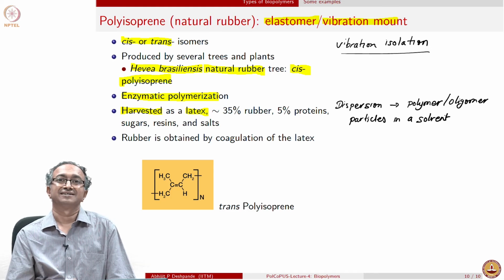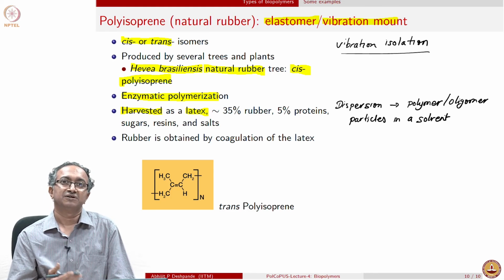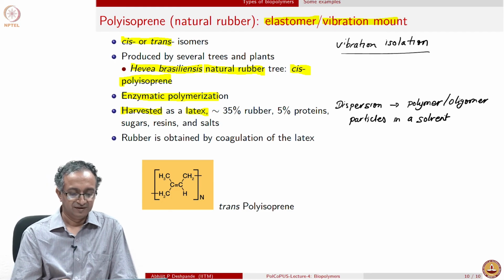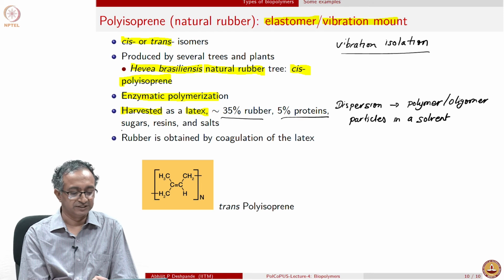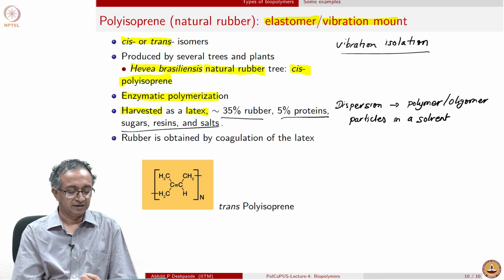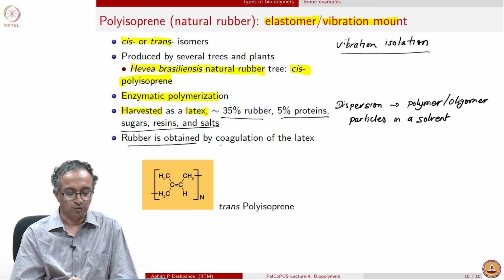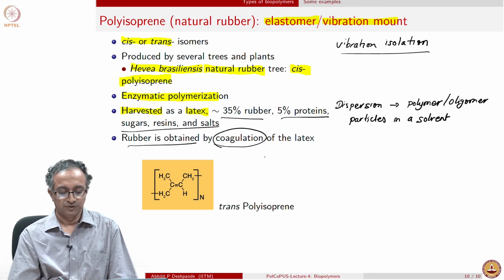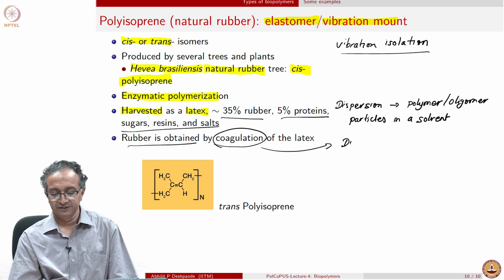In fact, paints are also examples of latex. So, it contains some amount of rubber, and then of course, other biological chemicals, and then rubber has to be obtained by coagulation. In this case, coagulation is a process where the dispersion is broken.